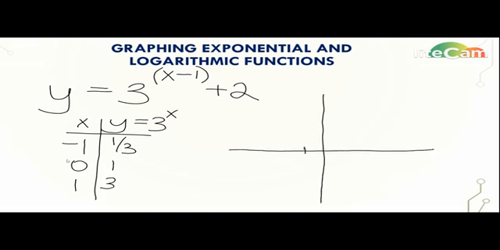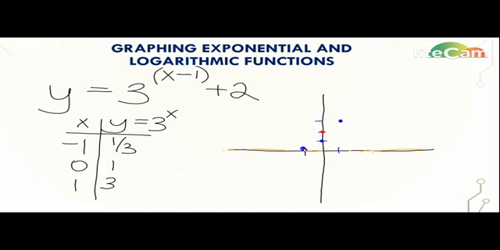So again, -1 makes it flip over, so that's 1/3. 3 to the 0 is 1, and 3 to the 1 is 3. So I go and graph the points that I have. Now this is the asymptote line, my yellow line right here.